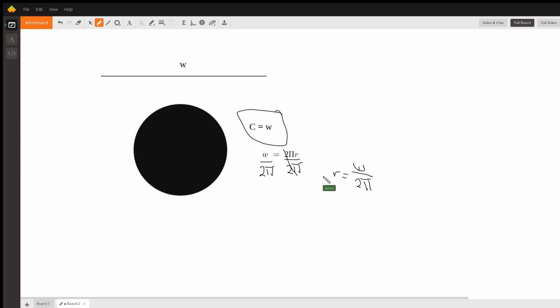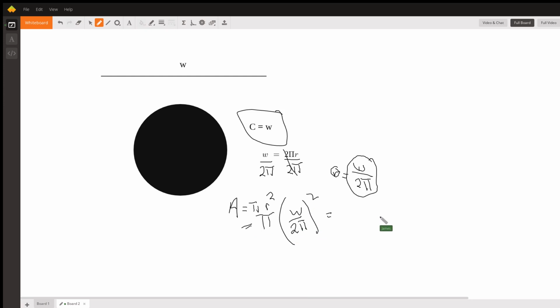Now, to express the area as a function of w, remember, pi is just a number. It's not a variable. Wherever r would appear in the area formula, we're going to plug in w over 2 pi. So a equals pi r squared. Therefore, a equals pi times w over 2 pi, squared.